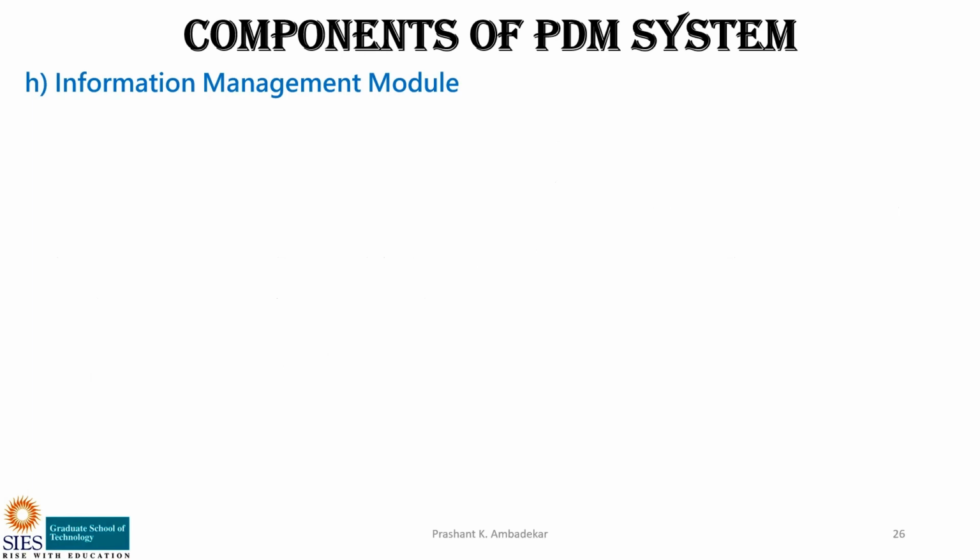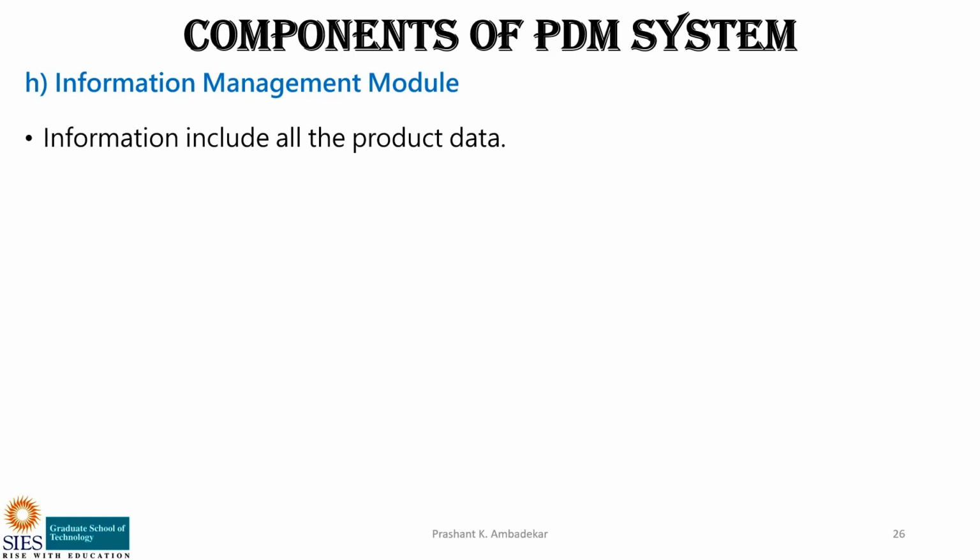The last component of PDM system is the information management module. So this information management module includes all the product data needed to specify, build, test, install, operate, or maintain the product, and also to support its end of life.